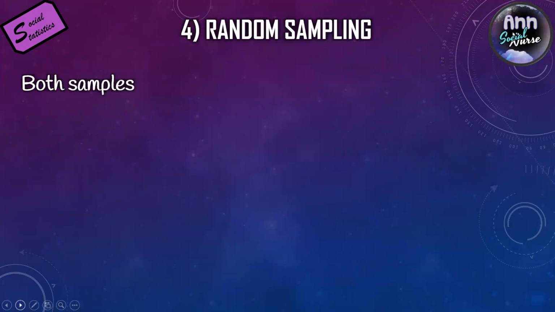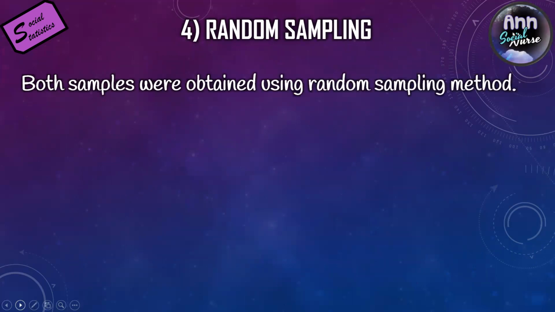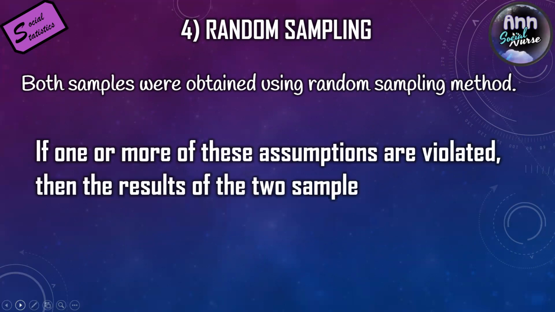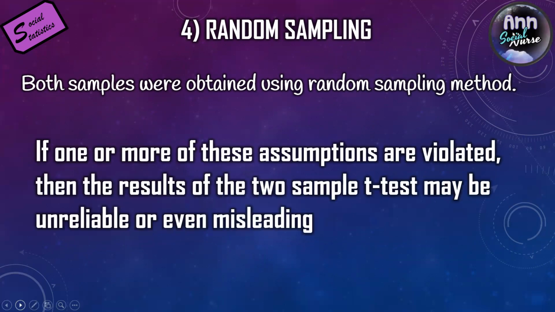So random sampling, both samples were obtained using random sampling method. We know there are many ways to conduct random sampling. If one or more of these assumptions are violated, then the results of the two-sample t-test may be unreliable or even misleading.